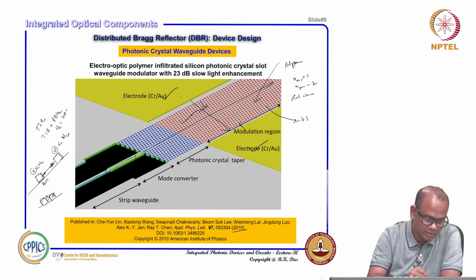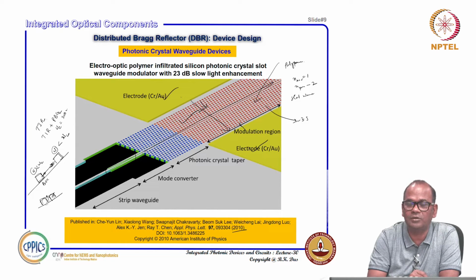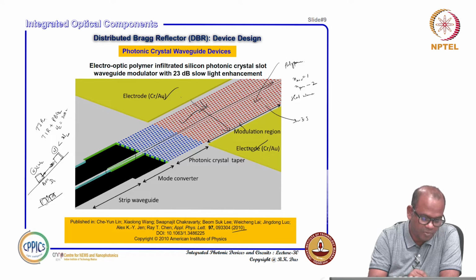We know that the normal component of the displacement vector in two media, according to the boundary condition, is equal if there is no charge, so epsilon 1 E1n should be equal to epsilon 2 E2n.